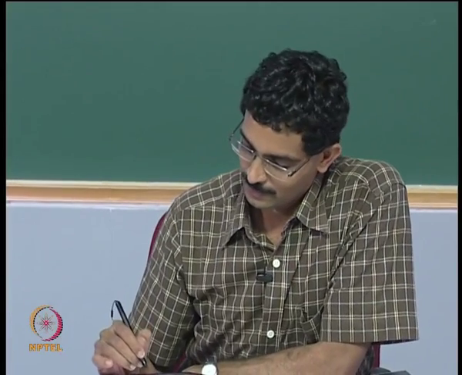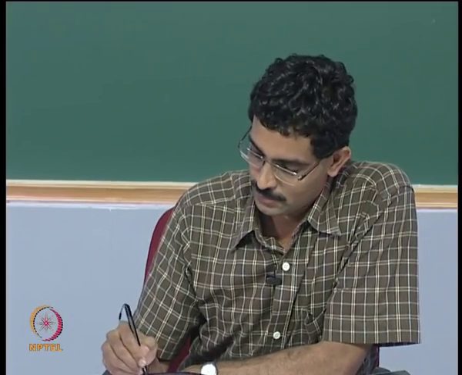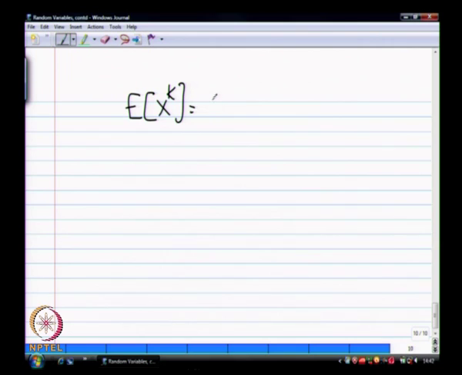I'll go back and write that formula afresh. So if you have the Laplace, then your E of x^k is minus 1 to the power k times d^k of L(s) divided by ds^k.